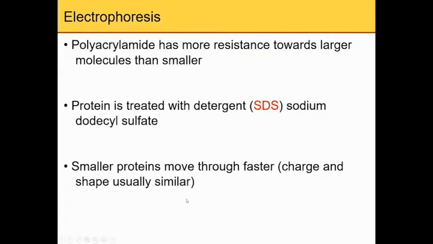One of the important detergents that we use is SDS, which I will explain later. The idea is we want the small protein to move through the polyacrylamide network faster than the large one, so that we can separate the small proteins from the large proteins, and the distance the protein travels would be inversely related to the size of the molecule.